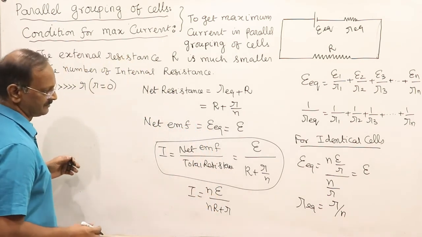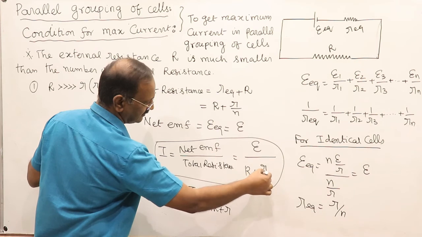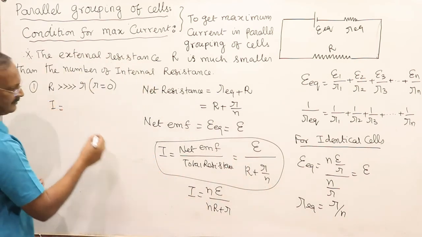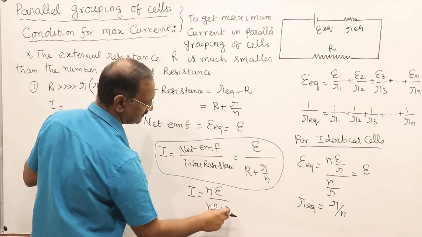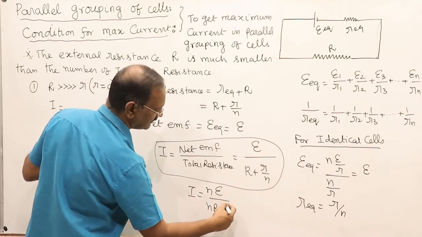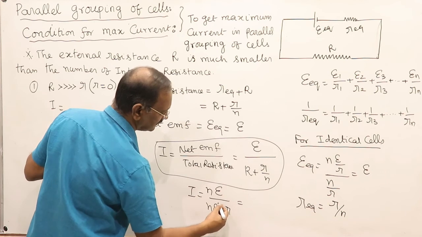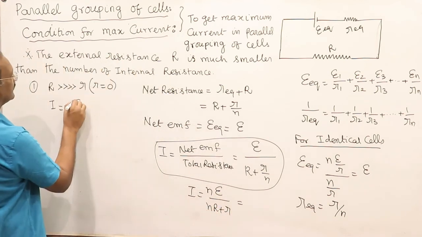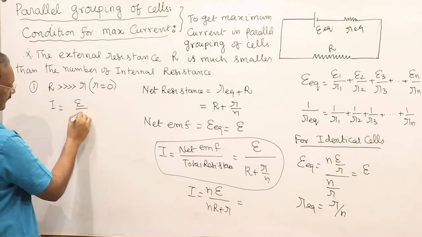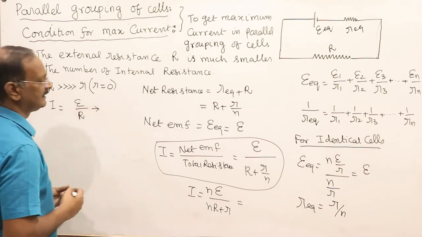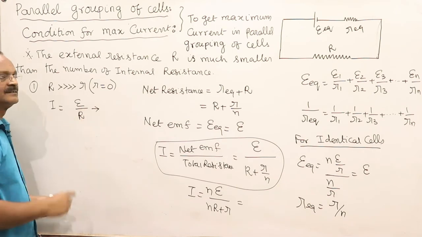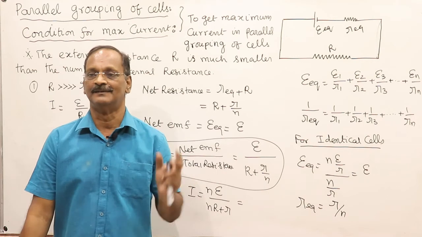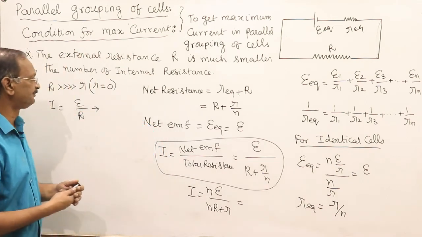If r is equal to 0, this portion becomes 0. So I is equal to nE by nR, which is E by R. What does that mean? It is the EMF by resistance, that is, the current is as good as that given by a single cell in this condition.